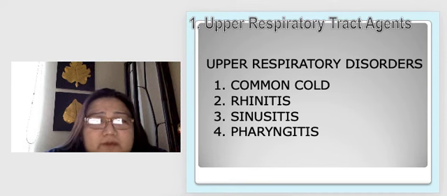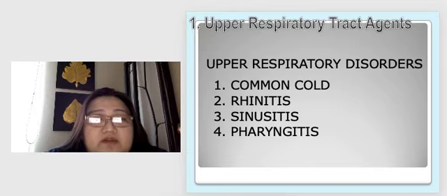Ngayon, ang mga upper respiratory disorders are usually caused by bacteria and viruses. And of course, we have mentioned previously sa anti-infective drugs, yung mga gamot na yon, yung magmamanage ng mga sakit, depending if it is caused by a virus or a bacteria.